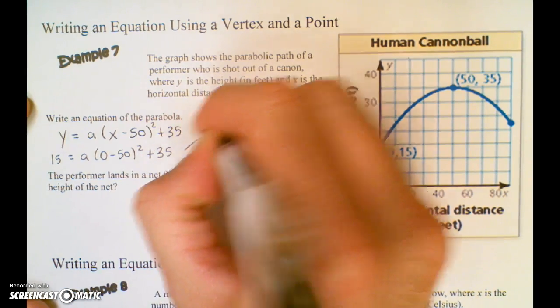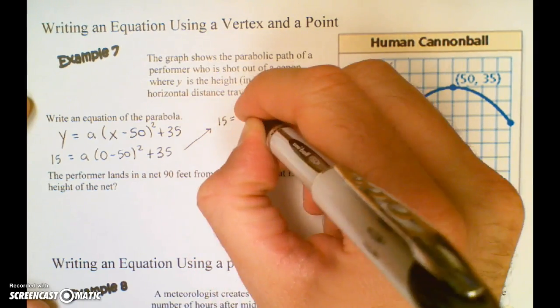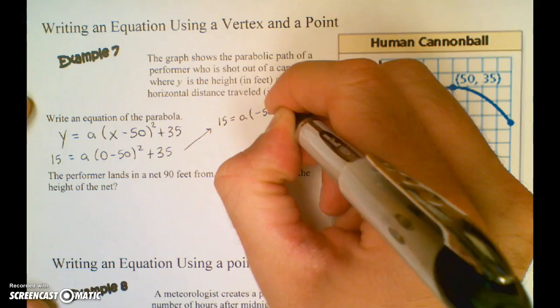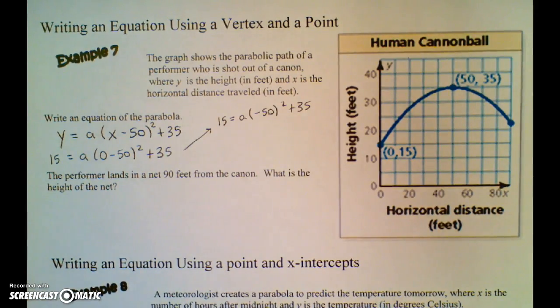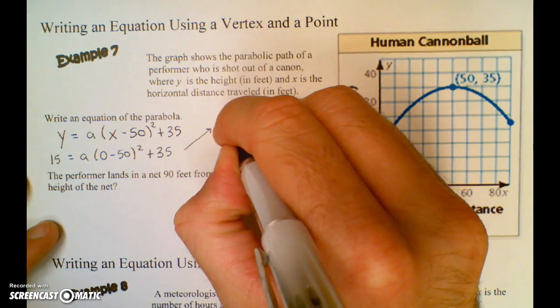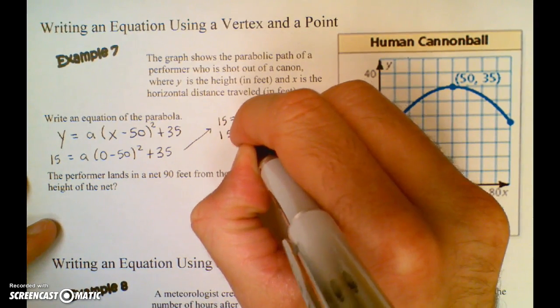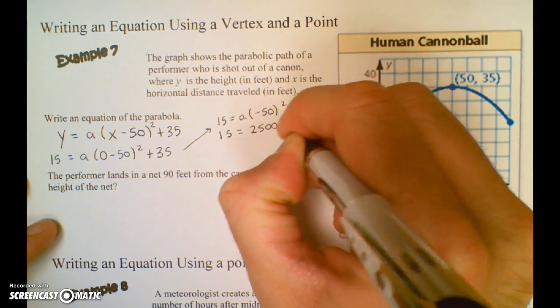So bringing my work over, 15 equals a times negative 50 squared plus 35. Negative 50 squared turns into 2500. So 15 equals 2500a plus 35.